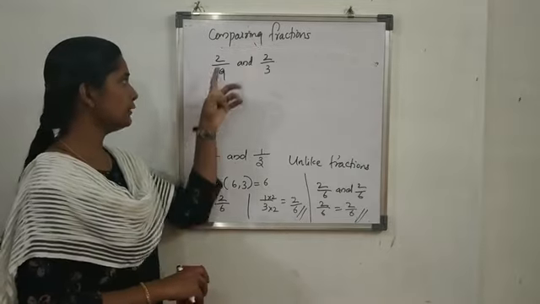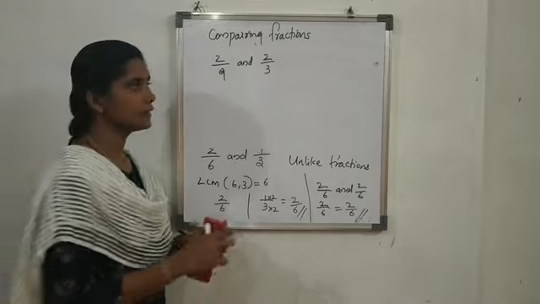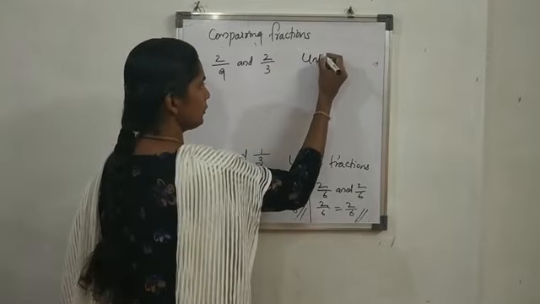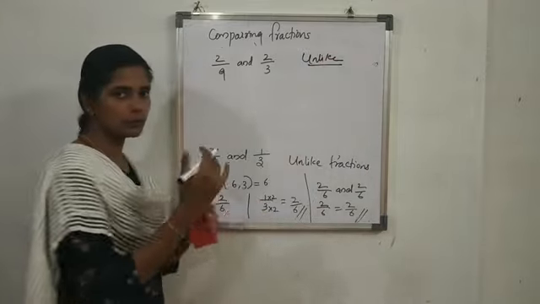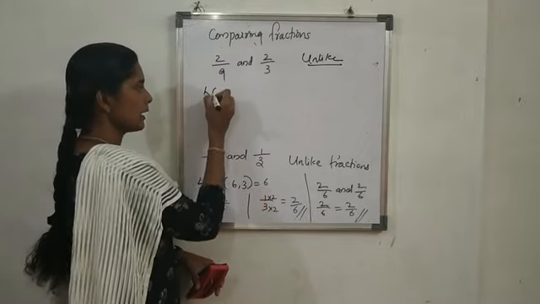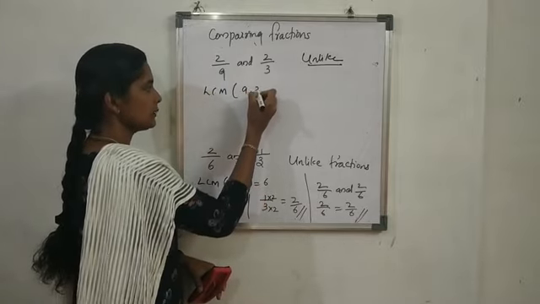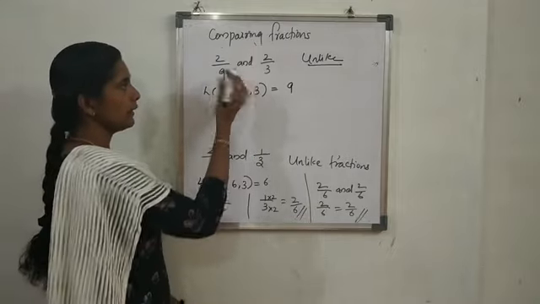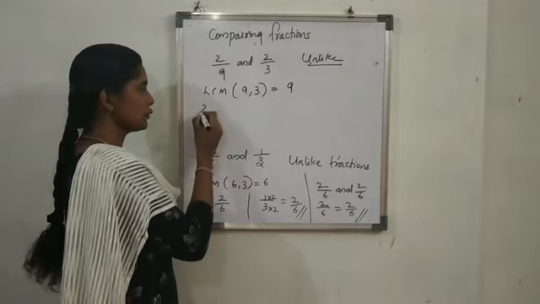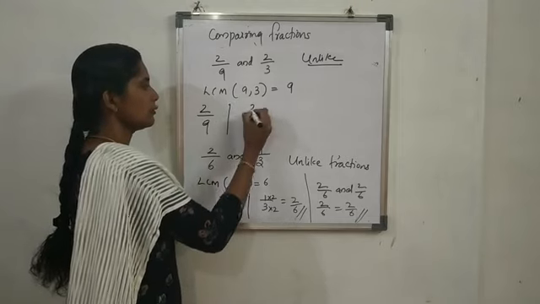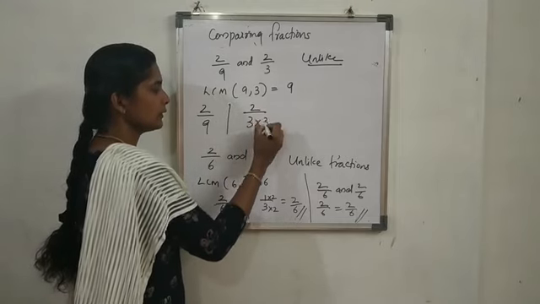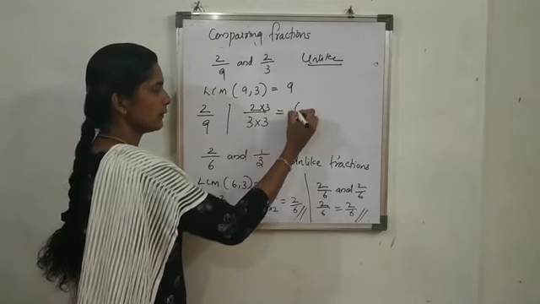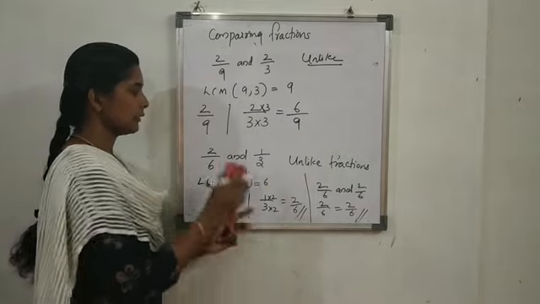More examples. 2 by 9 and 2 by 3. These are also unlike fractions. Denominators are different. First you have to make them like fractions. Take the LCM of 9 and 3. That is 9. Then 2 by 9, there is no change. The first number is 2 by 9 only. The second number is 2 by 3. We have to multiply it with 3, and 2 also multiplied with 3 gives 6 by 9.